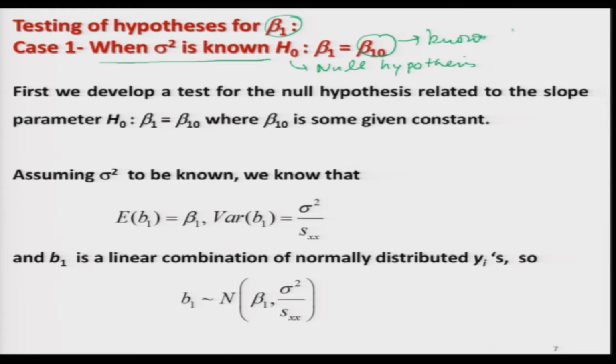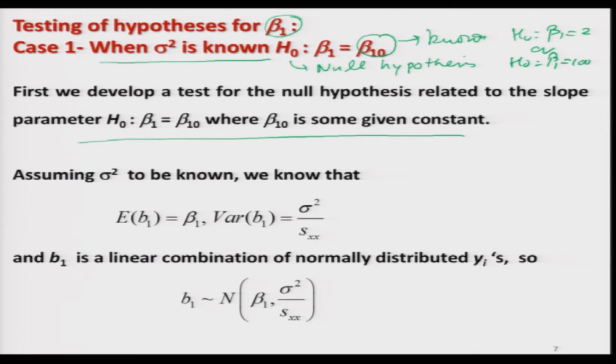I can write here, say, H naught: beta 1 is equal to 2, or H naught: beta 1 is equal to 100, whatever you want. So, you want to test whether the value you have obtained from the sample for this parameter beta 1 is equal to the value beta 1 naught in the population or not. Right. So, this is our setup, that beta 1 naught is some given constant.